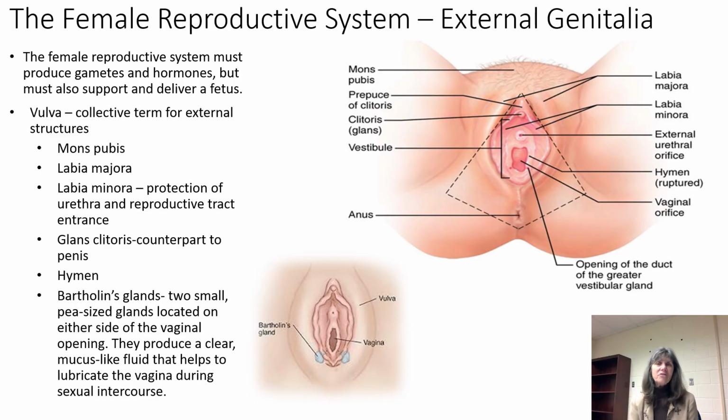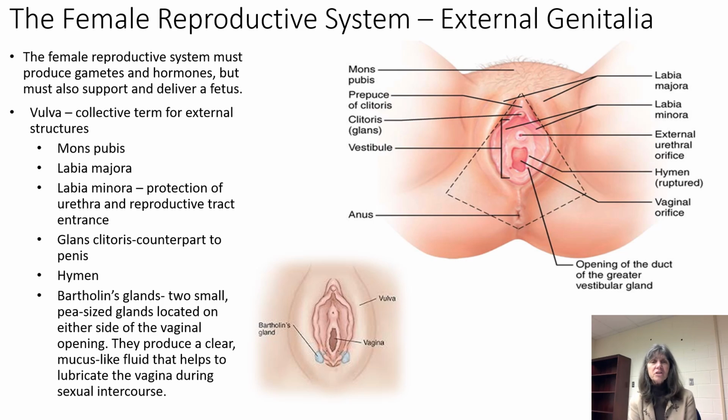This is going to take us to the female reproductive system, and we're going to start with the external genitalia first, understanding that the female reproductive system must produce gametes and hormones, but must also support and deliver a fetus.